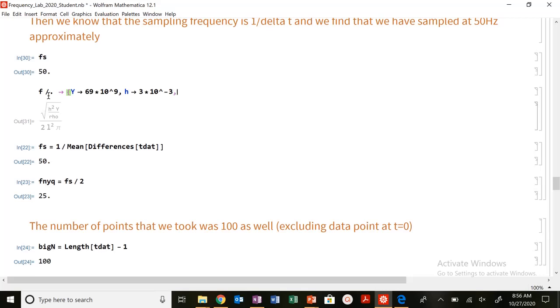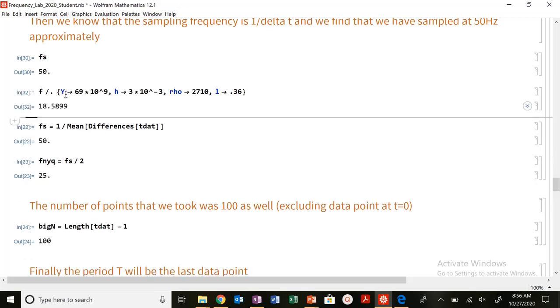I also know that my rho was equal to 2710. And my length for this particular value is 0.36 meters. I don't need the arrow, I can just use slash dot. So am I signal aliased here? No, we're good, we're okay.